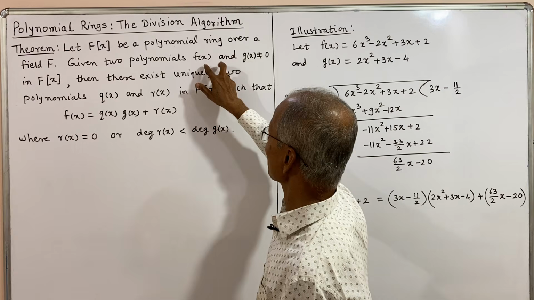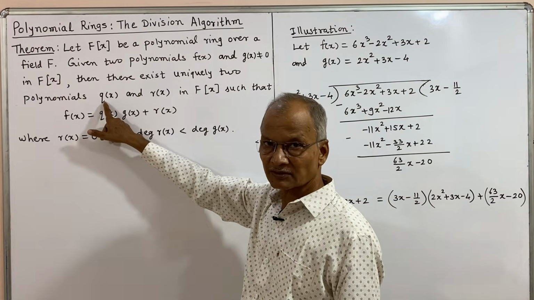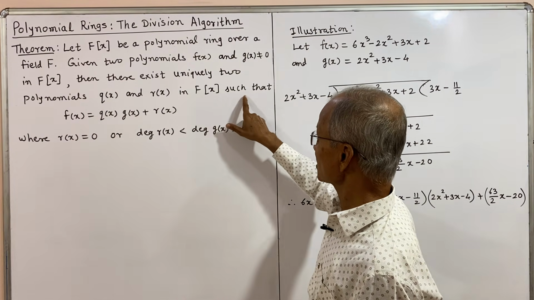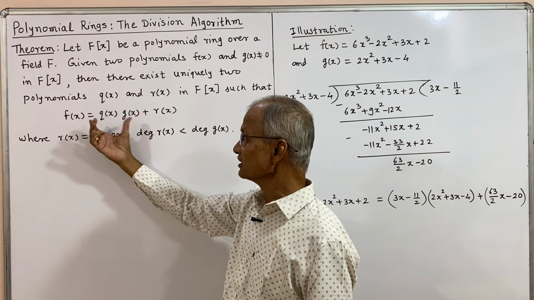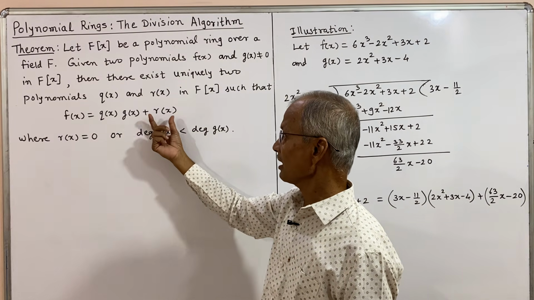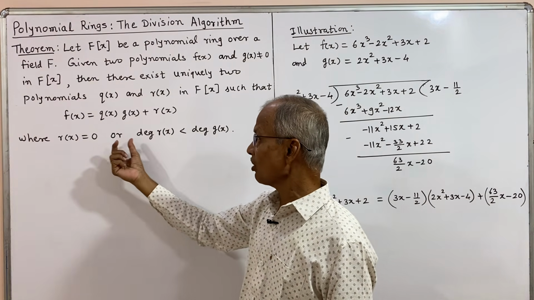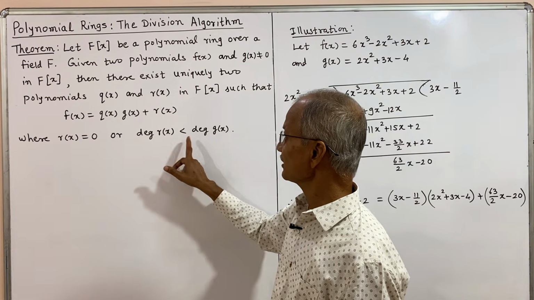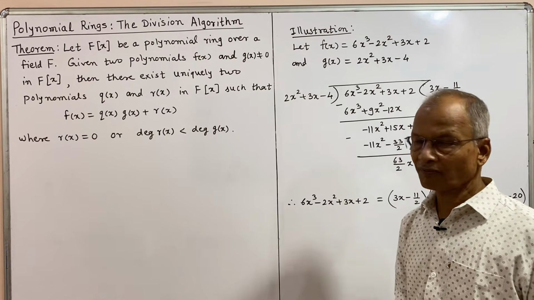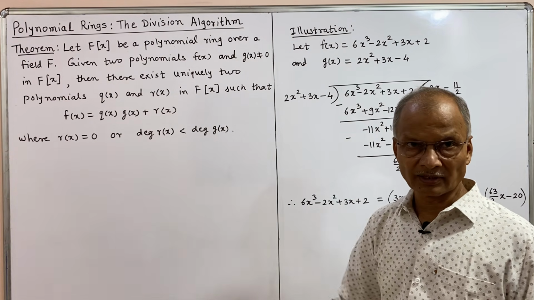Then for these two polynomials f(x) and g(x), there exist uniquely two polynomials q(x) and r(x) in F[x] such that f(x) is expressed as q(x) times g(x) plus r(x), where the condition on r(x) is that either r(x) is 0 or the degree of r(x) is strictly less than the degree of g(x). Degree means the highest power in the polynomial, as we know.